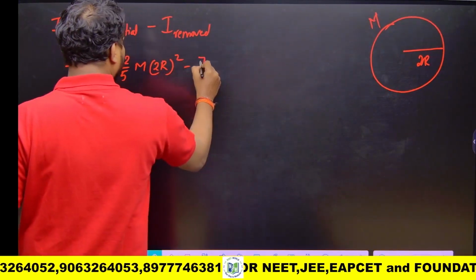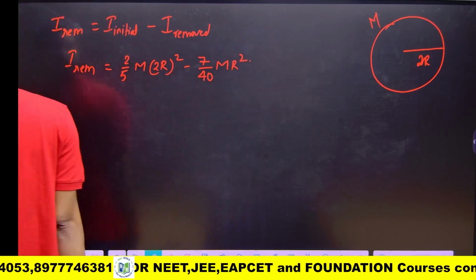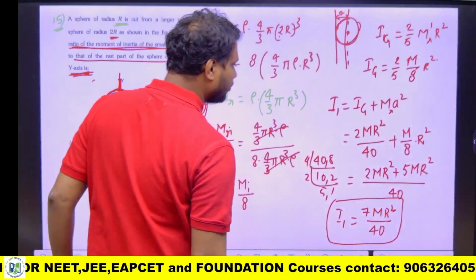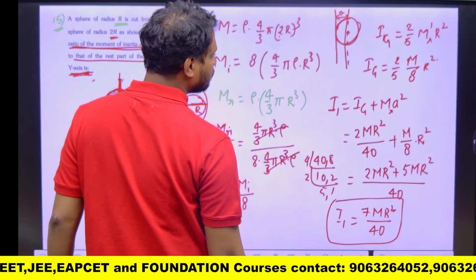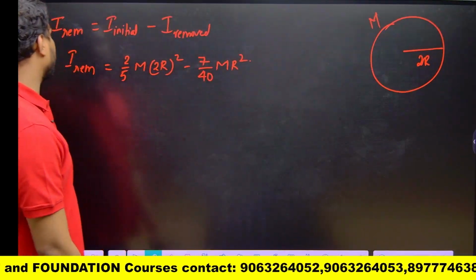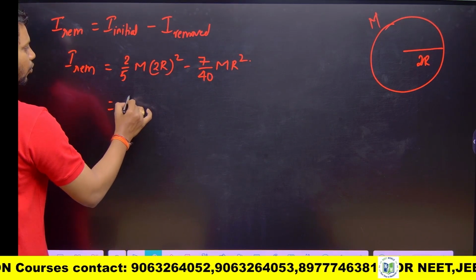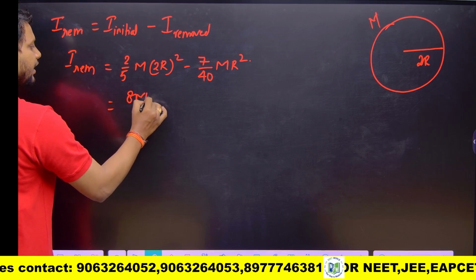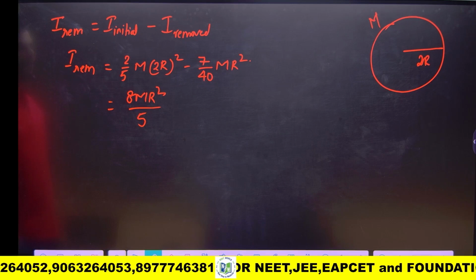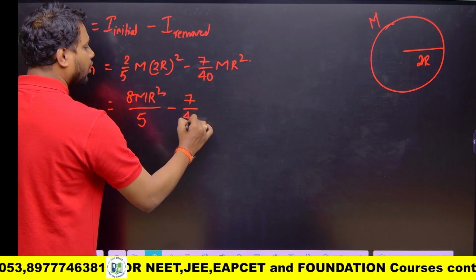So this will be 8 mr square by 5 minus 7 by 40 mr square.